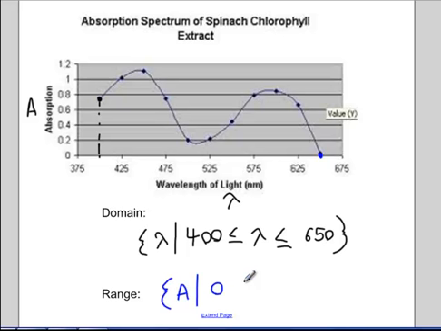So we're going to say 0 is less than or equal to my absorption variable. And what's the highest point? Well, the highest point is not right here, it's right here. So we have to look at what that equals. And we're going to say, let's split that, it's about 1.1. So we'll say 1.1.